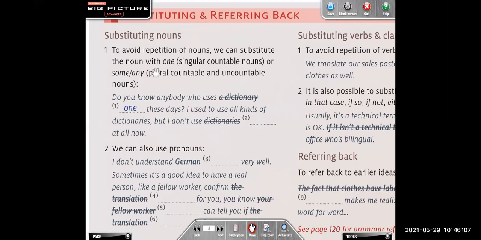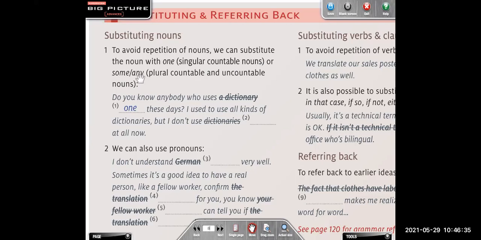So, let's see here. When we substitute nouns, remember, it says to avoid repetition of nouns, we can substitute the noun with one when we are talking about singular countable nouns. We can also use some or any when we are talking about plural and countable nouns.